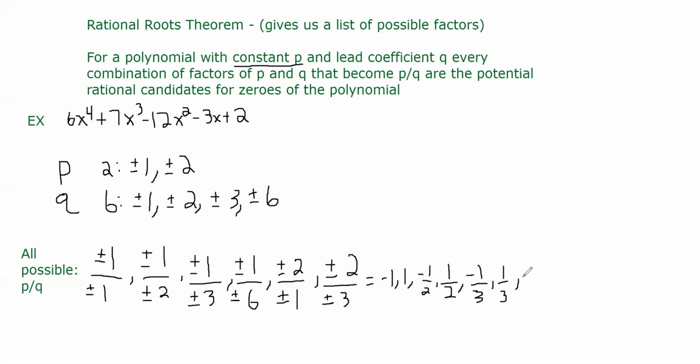Negative 1/6, positive 1/6. Then negative 2 over 1, or just negative 2, positive 2. And then negative 2/3, positive 2/3.